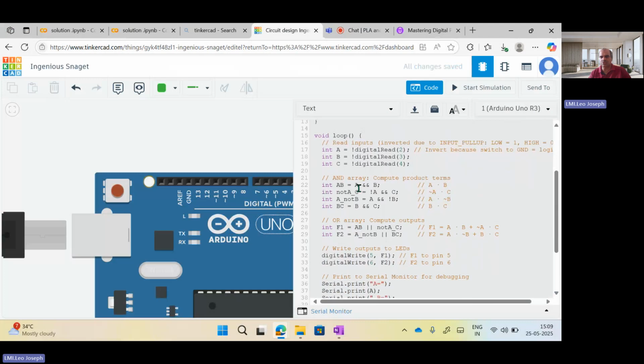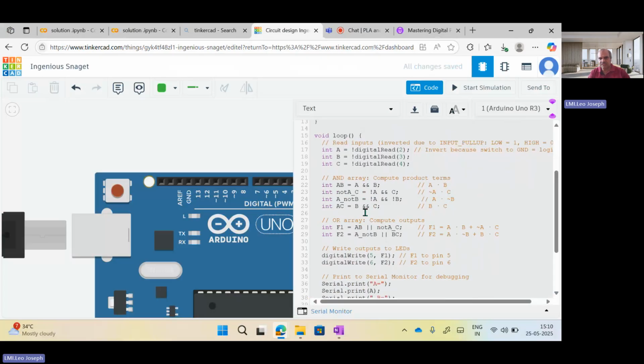Int AB is equal to A and B. Not of AC is equal to not A and C. Here also not A bar B bar. So I need to put one not symbol here, right? Not A and not B. Here I need to put AC bar. Instead of BC bar, I can write A C bar.